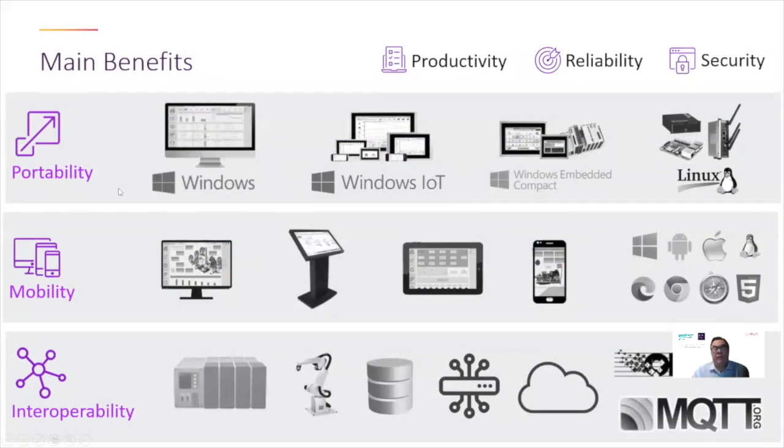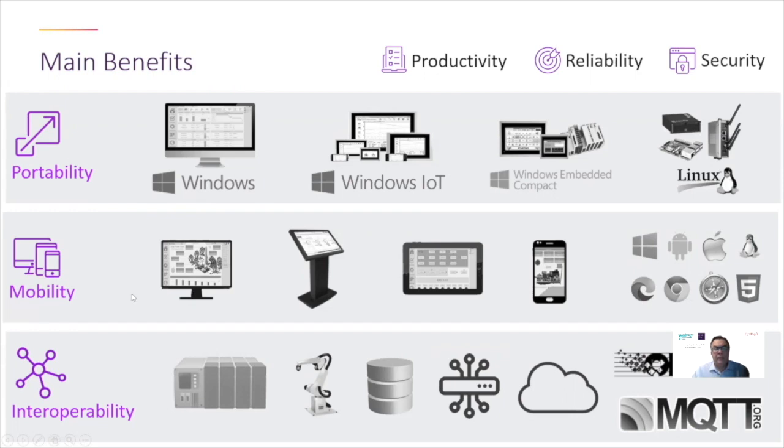Some of the main benefits, if you take a look down here on the left side, are portability, mobility, and interoperability. These mean different things to different people, but I'm going to explain a lot of this during this presentation. Instead of just dumping some features on you, I'm going to show you why this is a benefit and how this can benefit you.